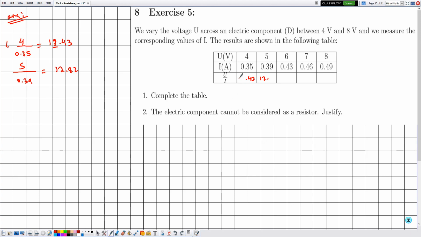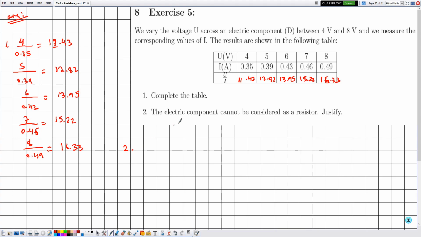Now 6 divided by 0.43 will give us 13.95, and 7 divided by 0.46 will give us 15.22, and 8 divided by 0.49 is equal to 16.33. This is it for number 1.